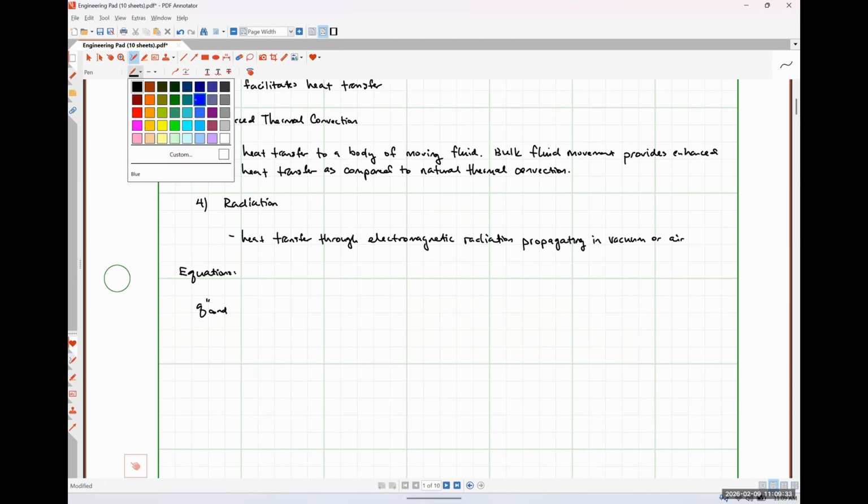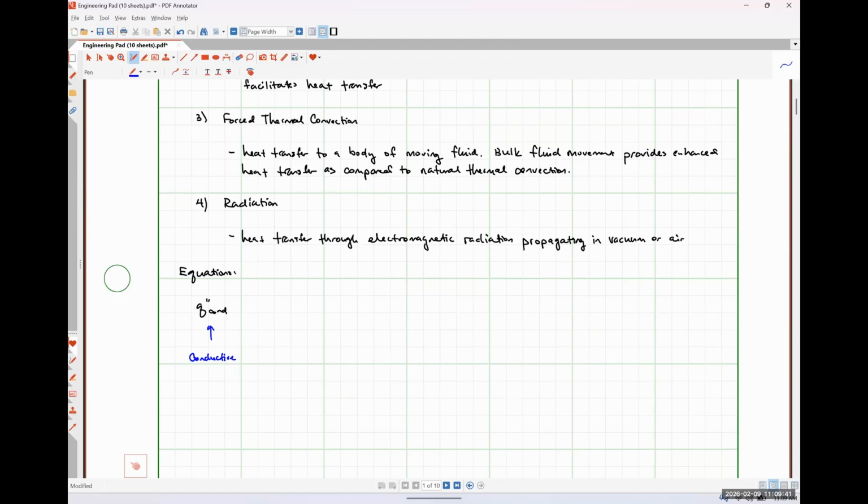And this is standing for conductive heat flux, measured in watts per square meter, is going to be equal to negative capital K times the derivative of temperature with respect to position.